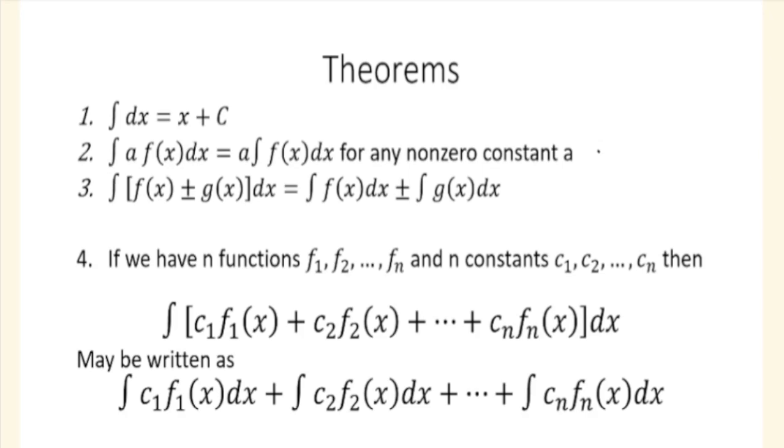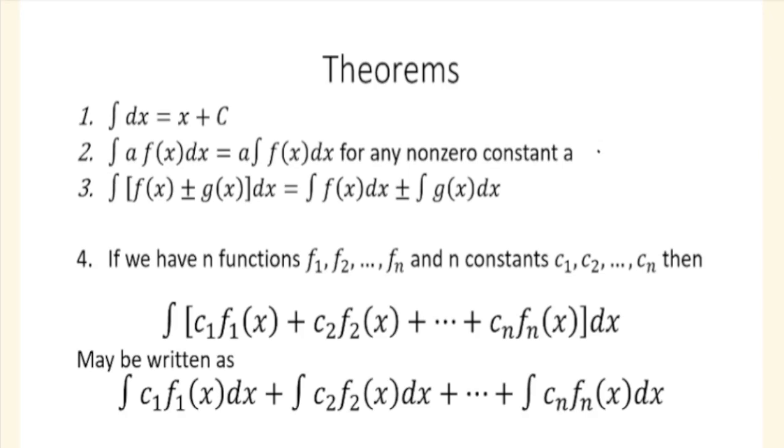The third one suggests that if we have a combination of functions, we can simply take the antiderivative of each individual function. Now, it is worth noting na that holds true for sum or difference.